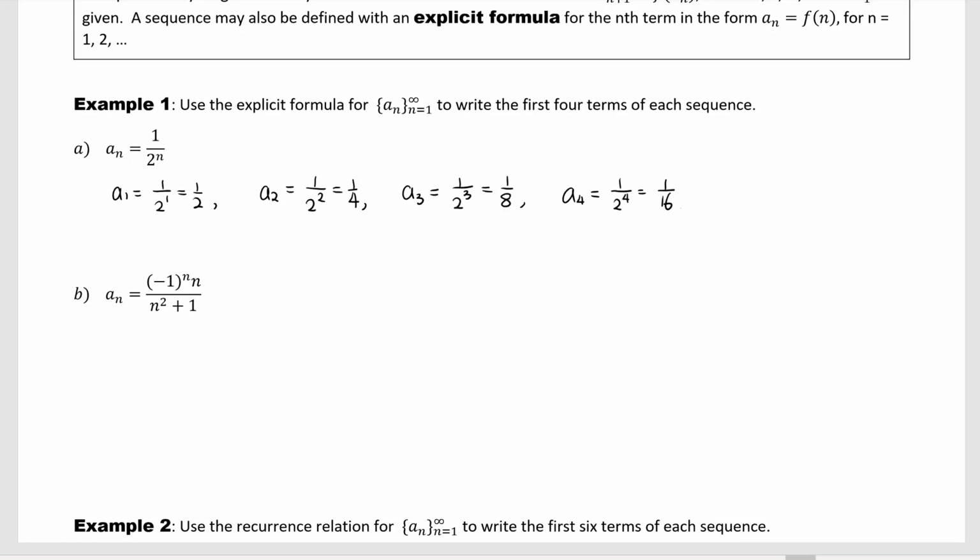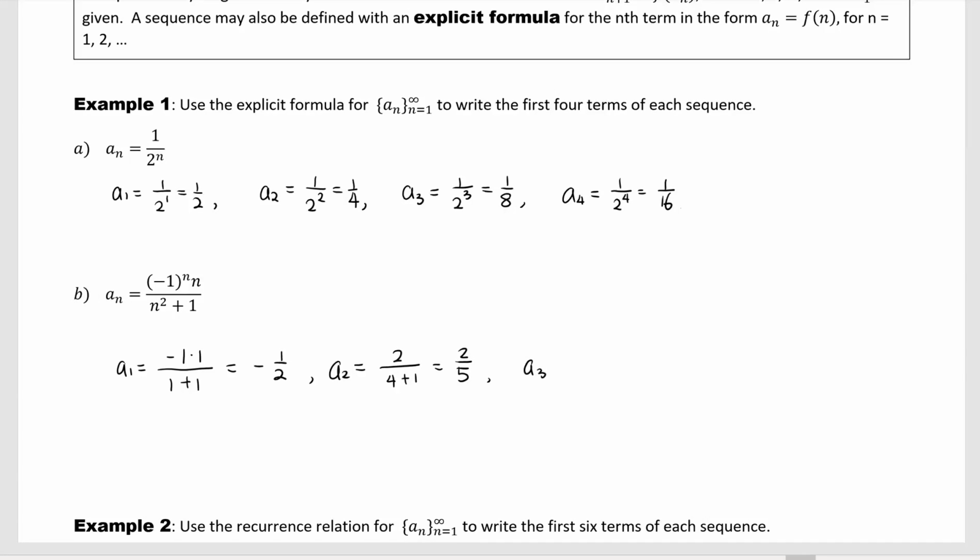And let's look at part B. What is a1? Well, minus 1 to the 1 is minus 1. And then n is 1, so minus 1 times 1 over 1 squared plus 1. So the answer is minus 1/2. a2, we plug in n is 2, so minus 1 squared is 1, n is 2, 2 squared is 4, 4 plus 1 is 5.